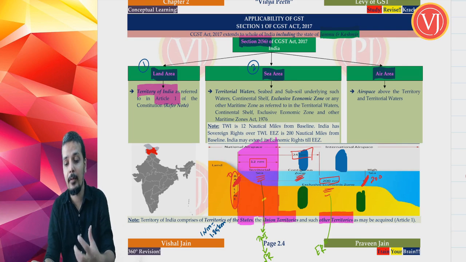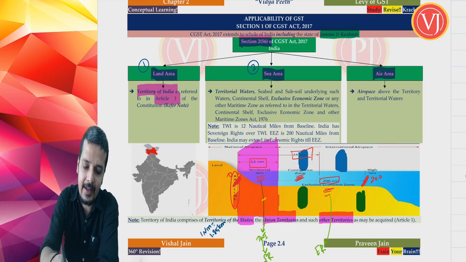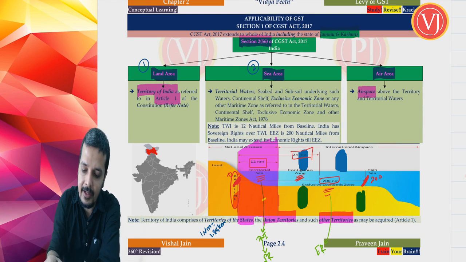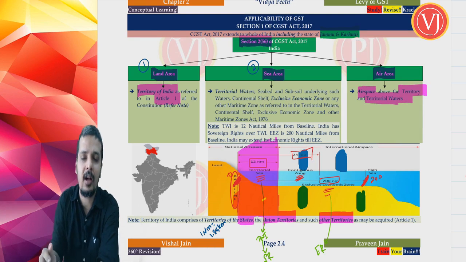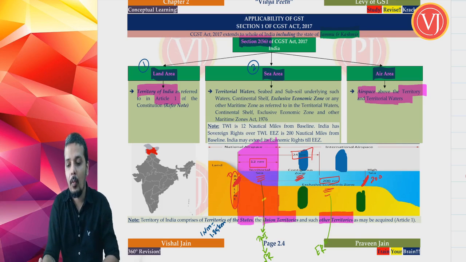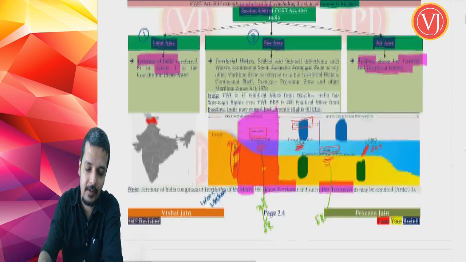That is the exclusive economic zone. And the air area talks about the airspace above the territory of India and territorial waters. So when you talk about airspace, it is only about the territory of India, the land area, and the territorial waters, not about the exclusive economic zone. That is the significance of this air area.